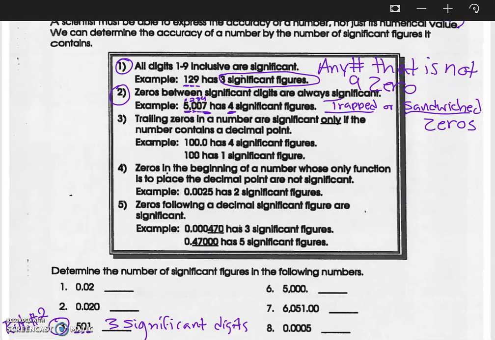So now let's look at rule number 3. Trailing zeros in a number are significant only if the number contains a decimal point.